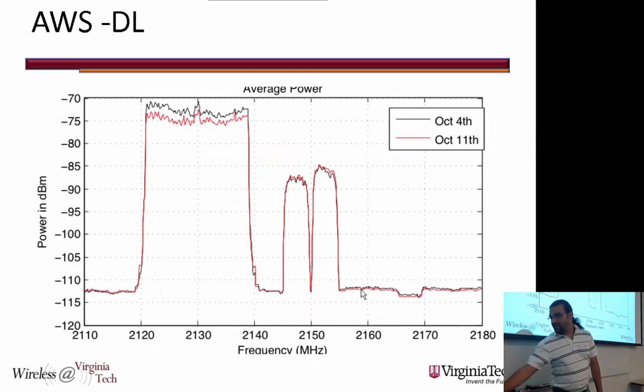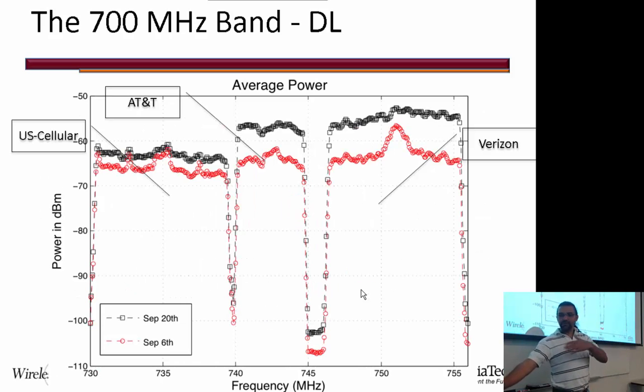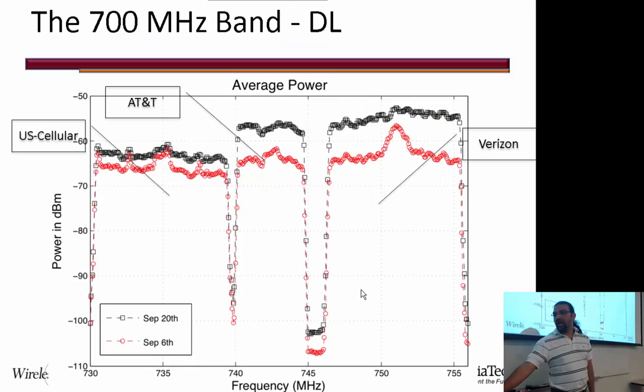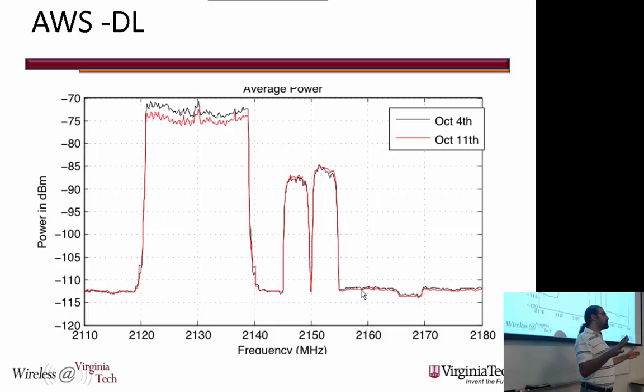And if we look at the AWS, now these were basically the games, like September 20 and September 6. For the AWS on these days, we didn't see that much difference. But when we move to a day like the regular weekend of October 4th versus the fall break, October 11, when the town is almost a ghost town and almost everyone left, now we can see something on the AWS.